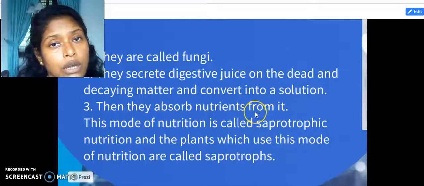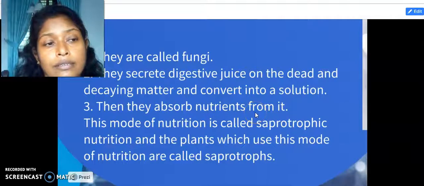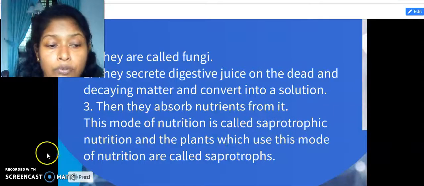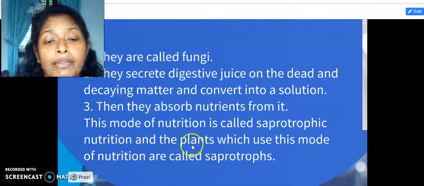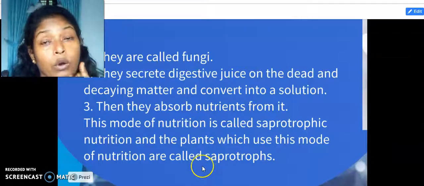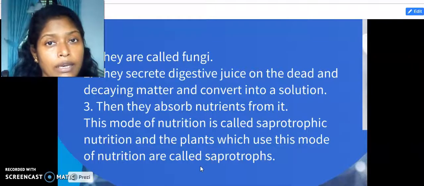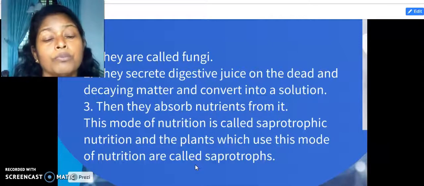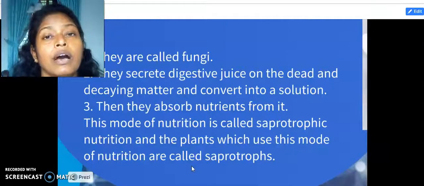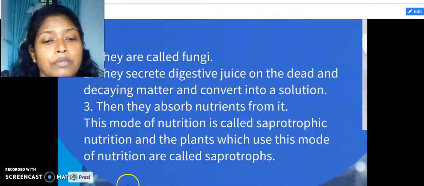So nutrients are taken from these dead organisms and absorbed into their body. This mode of nutrition is called saprotrophic nutrition, and the plants which use this mode of nutrition are called saprotrophs. So we have learned about autotrophs and now we are learning about heterotrophs. The saprotrophs are a type of heterotroph because they also depend upon other organisms for their food.